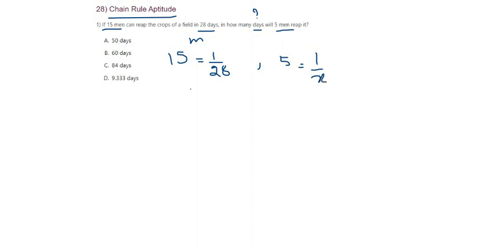So here we can write it as 5 by 15 equals to 28 by x. This is like a ratio. I'm solving this like a ratio.